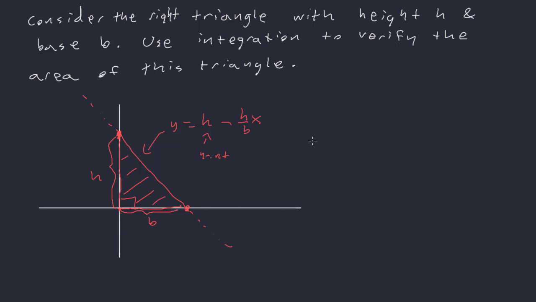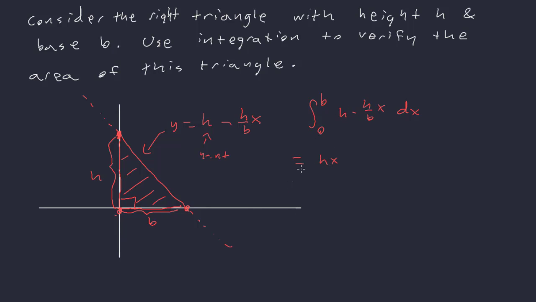Now, the area, well, I'm going to set up an integral from 0 to b. All right, so it'll be 0 to b of this function, h minus h over b times x dx. Okay, so h is a constant, right?